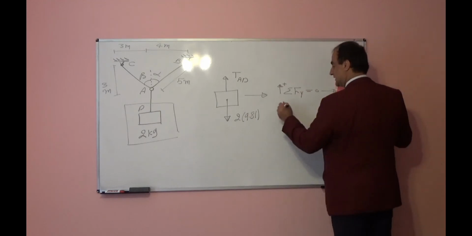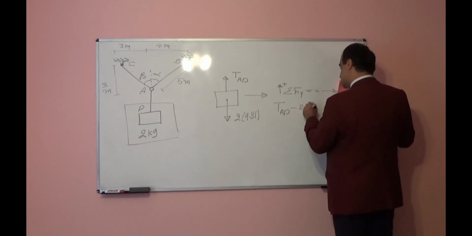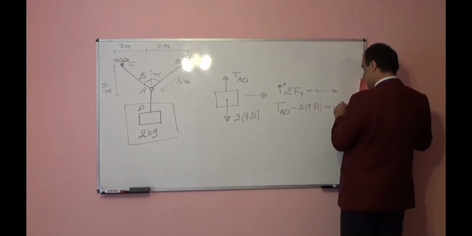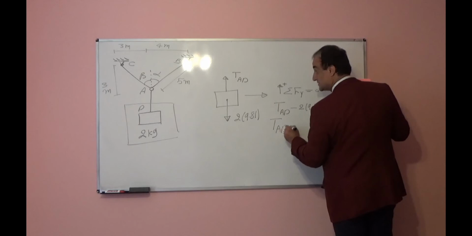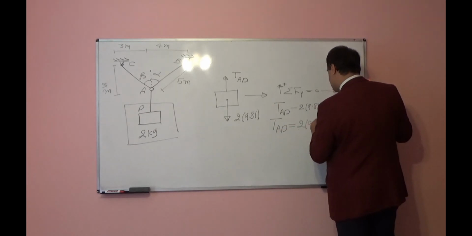From here I can write T_AD minus 2 times 9.81 is equal to 0, and from here I can find the tension force in the rope AD. It will be 2 times 9.81.